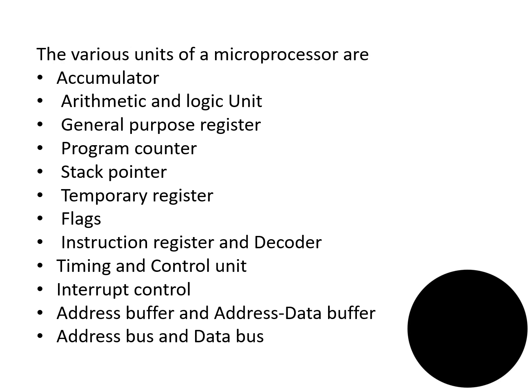The next important special function register is the flag register. The importance of the flag register is that after every operation, or after every execution of the ALU, the processor checks the result, and the status of the result is updated in the flag register.